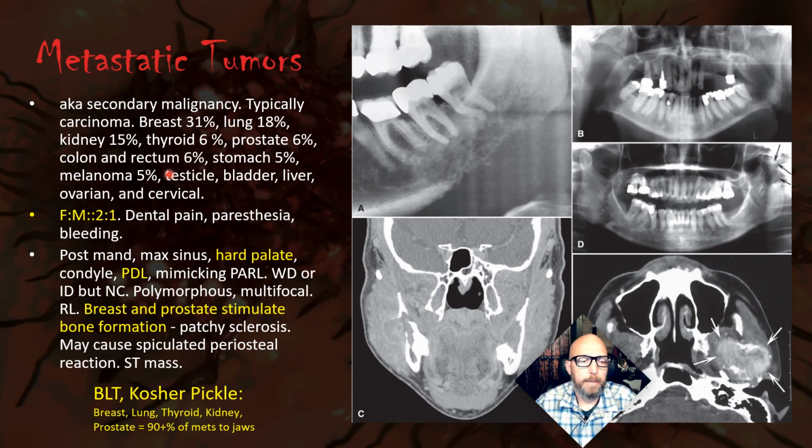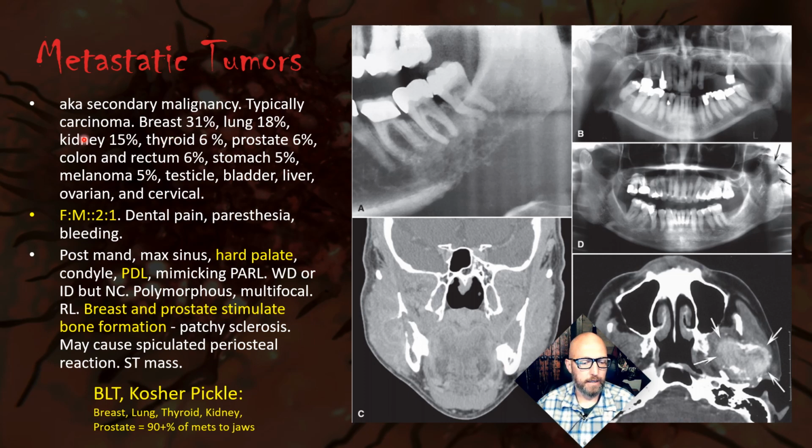All right, let's talk a little bit about metastatic tumors. I'll give you this great acronym for memorizing the most common primary malignancies to metastasize to the jaws. And that's down here, BLT kosher pickle, BLT-KP. So breast, lung. As you look at the percentages here, we've already covered almost half.